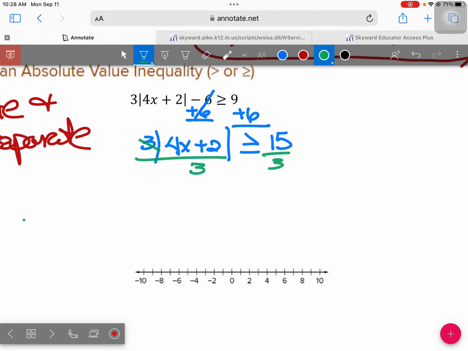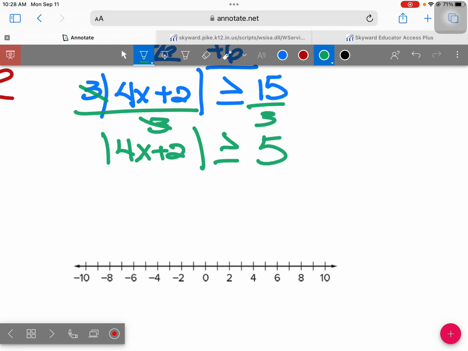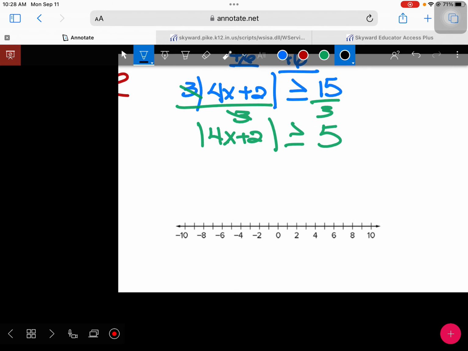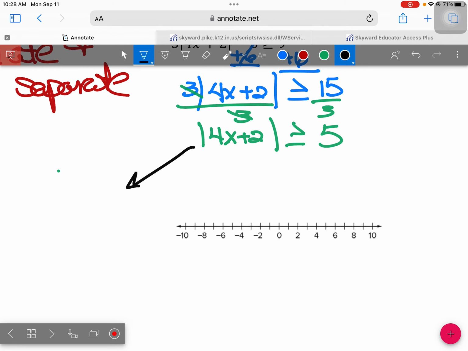Flip that sign. And now we solve. Minus 2, minus 2 cancels out. 4x is greater than or equal to 3. Divide by 4. X is greater than or equal to 3/4.